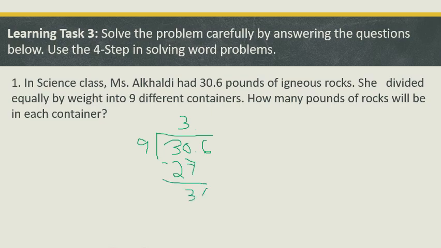Bring down 6. And 36 divided by 9 is 4. 4 times 9 is 36. 36 minus 36 is 0. So, ang answer natin dito is 3 and 4 tenths. Ang answer natin dito is 3.4 or 3 and 4 tenths pounds.